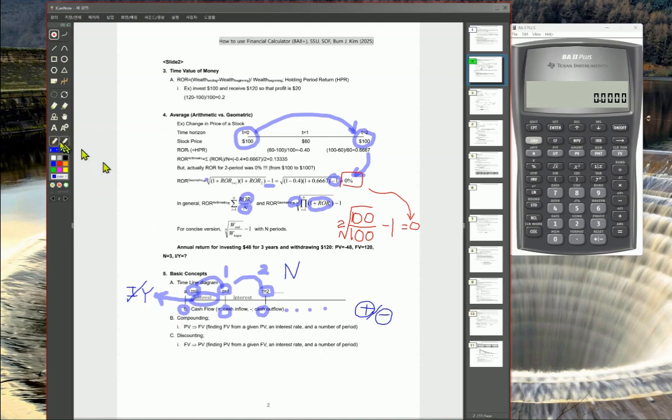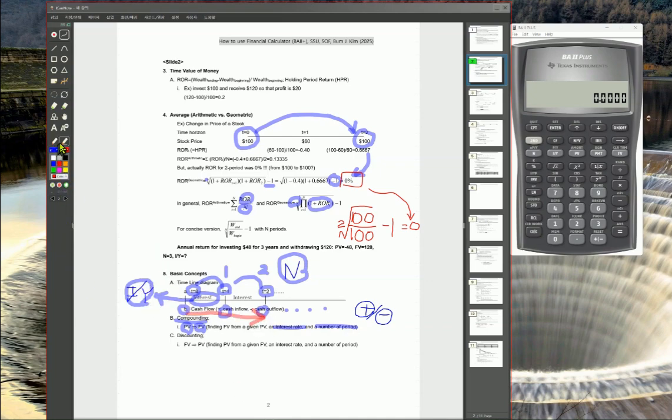Next, let me go ahead and explain what compounding and discounting are, and then we can wrap up this slide lecture. Compounding is the procedure of finding future value from present value. So to find the future value from the given present value, you should have an interest rate, the periodic rate, and the number of periods. You use the I/y to find the future value. That's compounding.